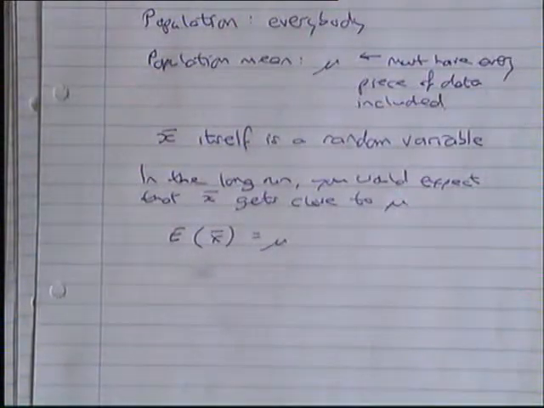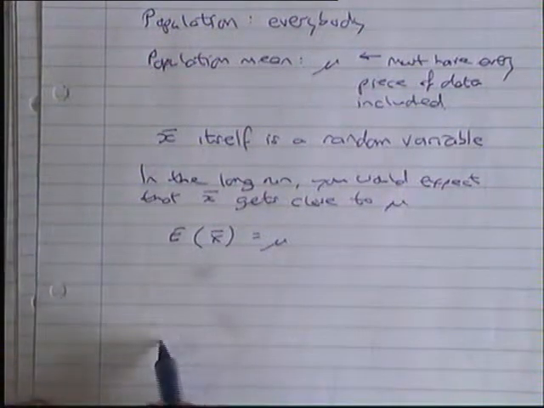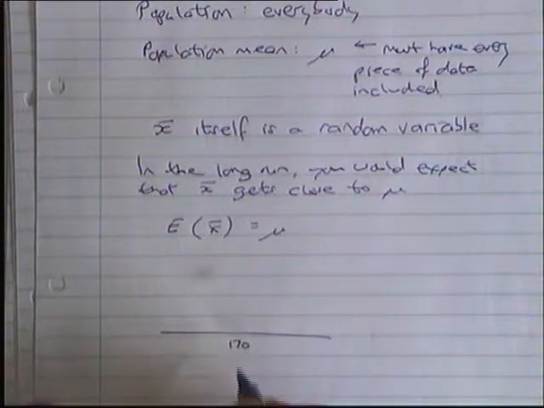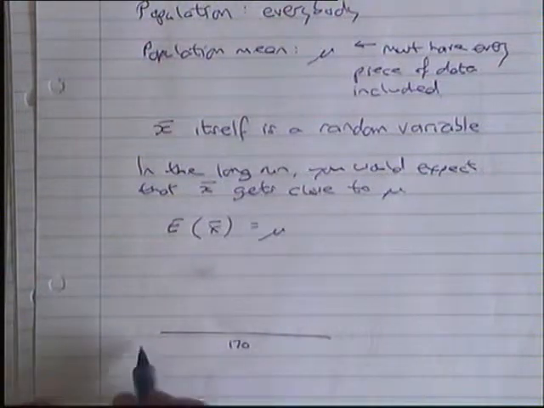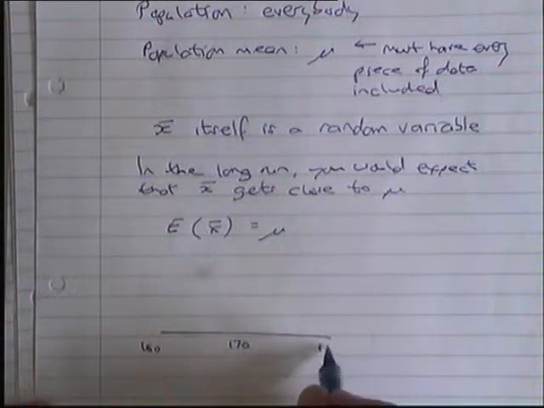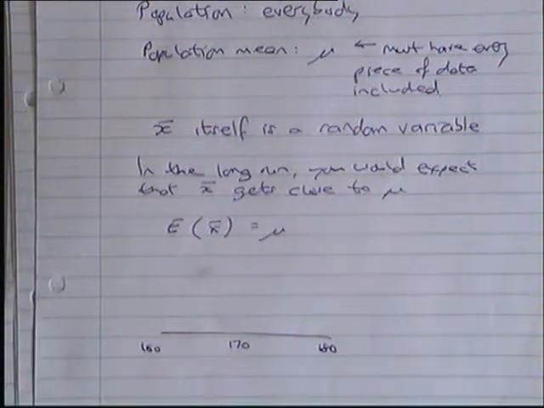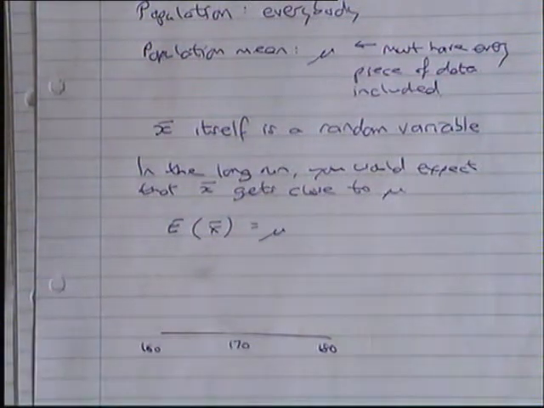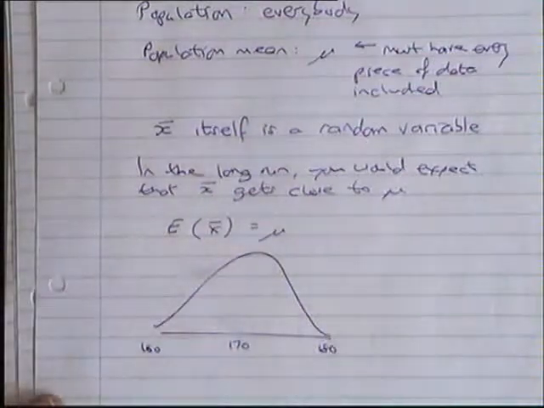If I drew a frequency diagram showing that, say I know the population mean for your height is 170, and the shortest person's 160, the biggest person's 180, what do you think my frequency diagram would look like if I worked out lots and lots of samples? Like the normal distribution, yes.